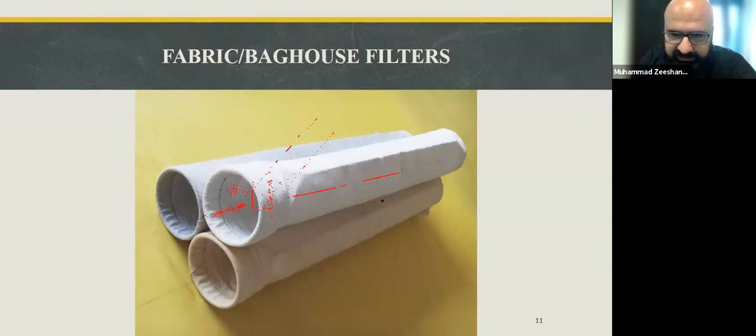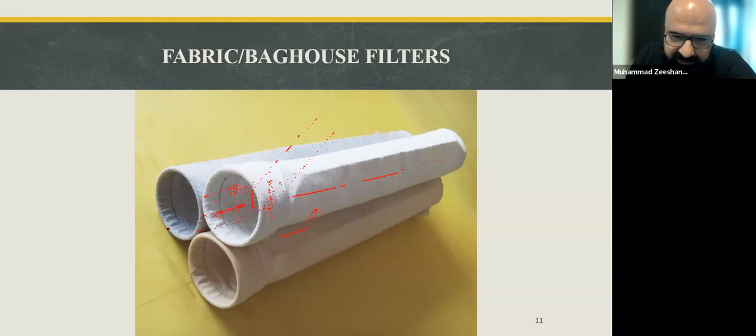The other option is that we introduce the dirty gas from the outer surface, and we obtain the cleaner gas from inside the baghouse filter. So this is simply filtration of PM, particulate matter, from the dirty gas.